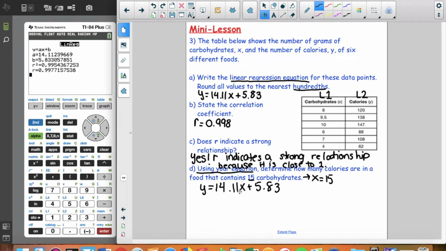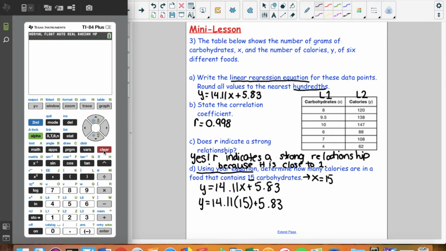So what we have to do is plug in 15 for X. So to do that, we have 14.11 times 15 plus 5.83. Gonna go to the calculator. 14.11 times 15 plus 5.83.